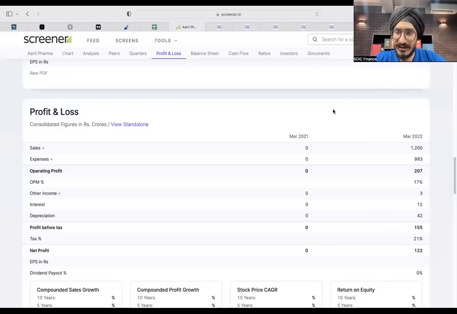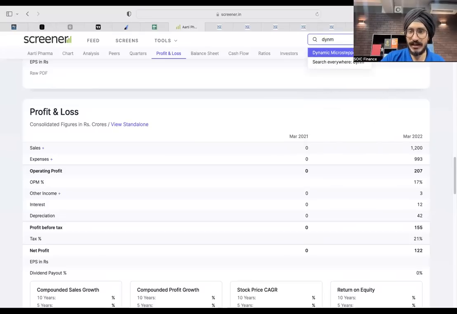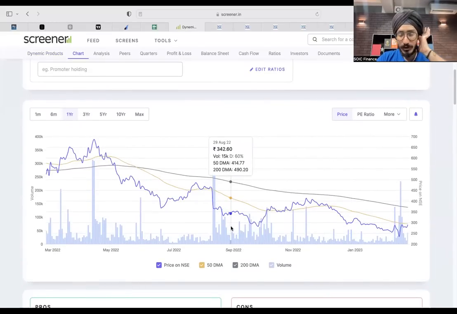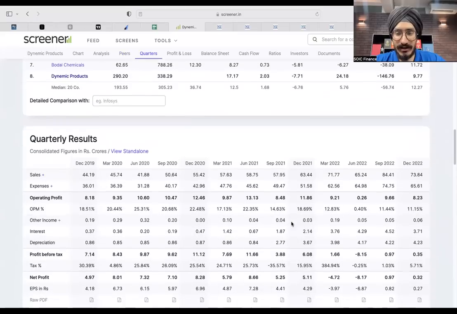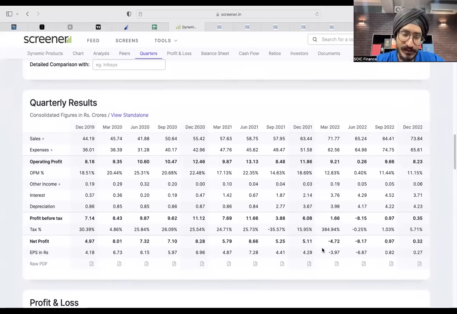I think so, Krishna. In real life business, like when we talk about dynamic products, this business did a huge capex, and then the capex wasn't booked out. Because the capex wasn't booked out, depreciation kicked up, sales didn't increase, and PAT went into losses.